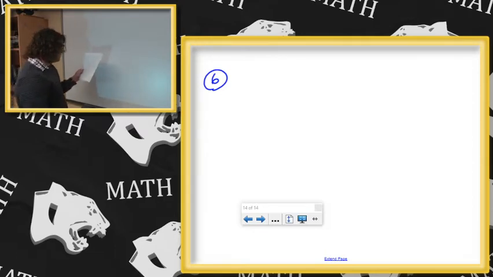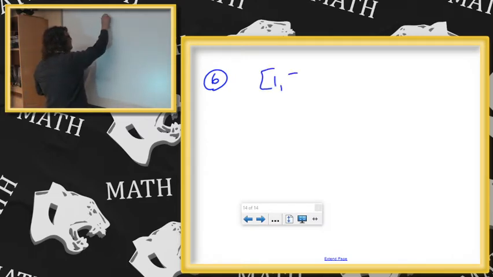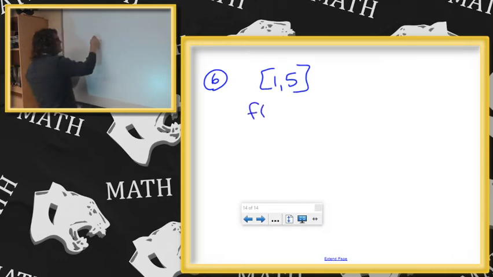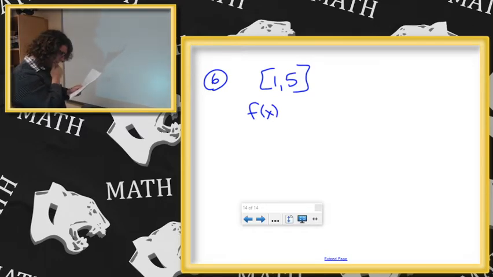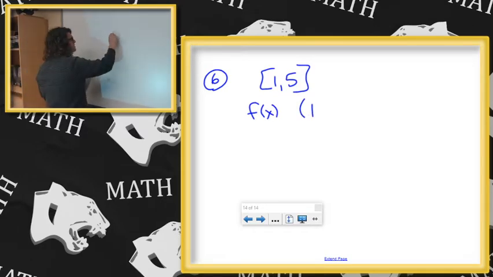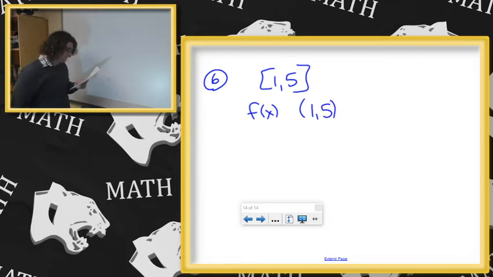So suppose f is continuous on the closed interval 1 to 5. And differentiable on the open interval. Oh, this sounds a lot like some of our theorems that we have stated.